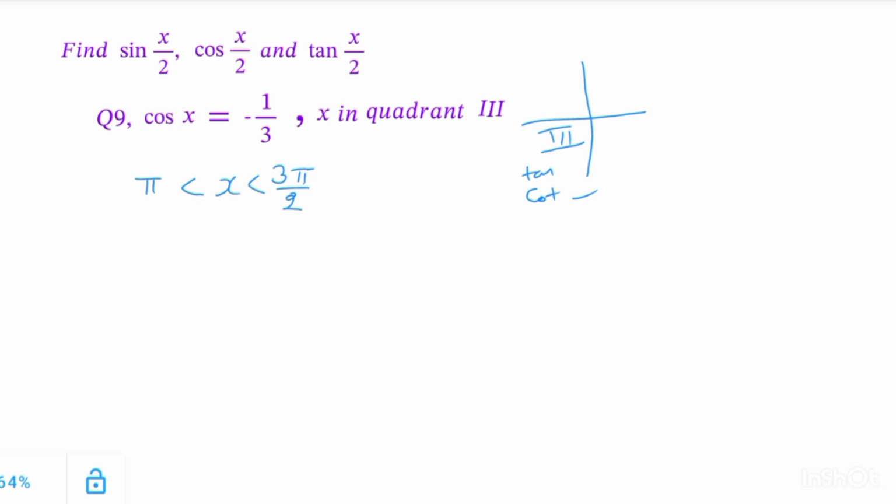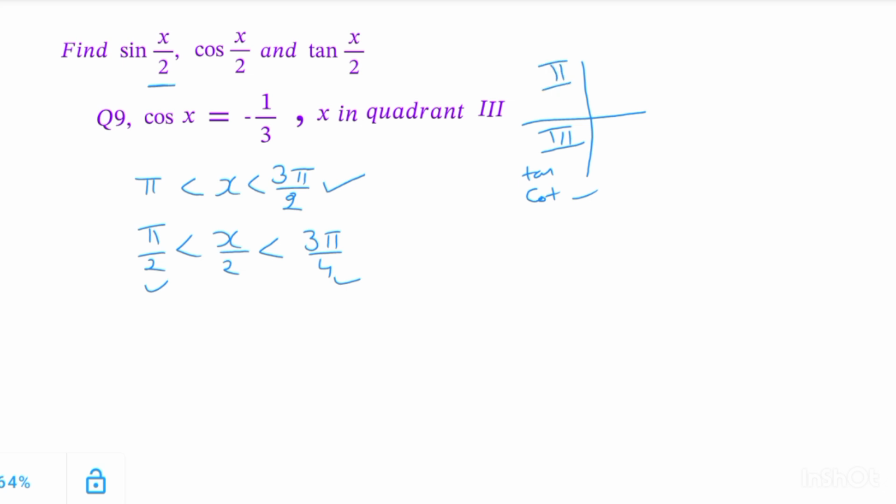But we have to find out the value of x by 2. So we will divide this by 2. So we will get x by 2 is greater than pi by 2 and less than 3 pi by 4. Right? Now this value lies in second quadrant here.